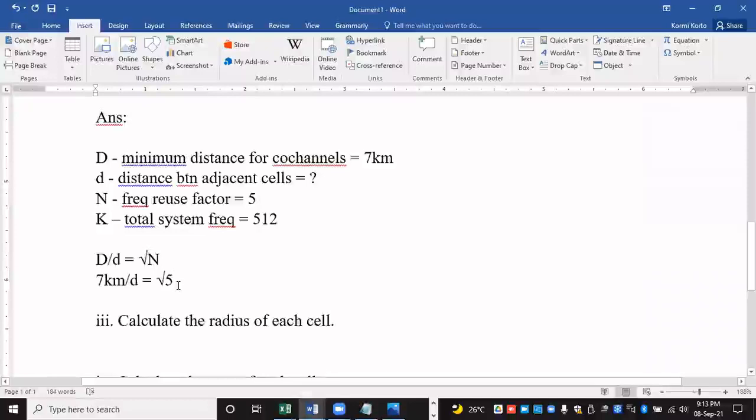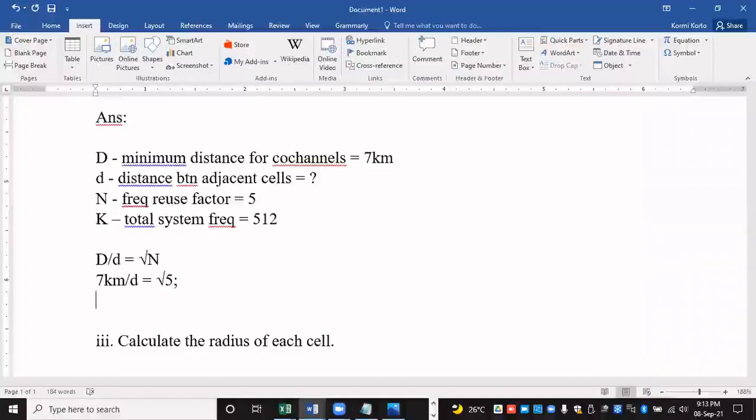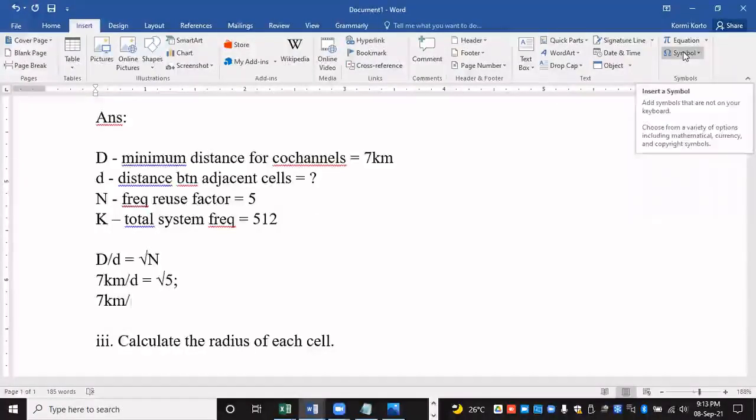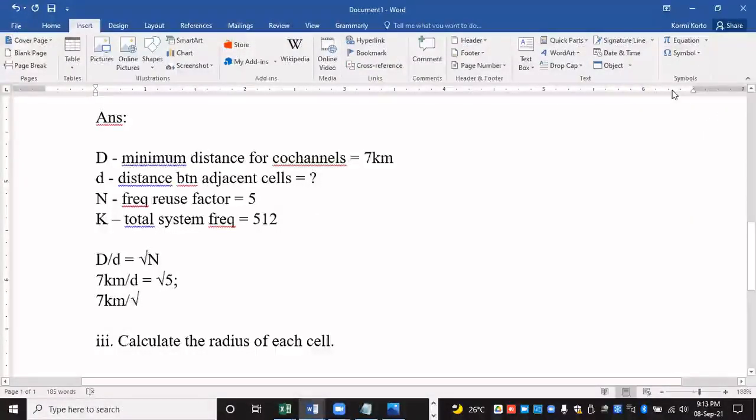If you want to find small d, we cross multiply, which will give us d by itself as 7 kilometers divided by the square root of 5. This is just simple math, right? So what will be the answer?